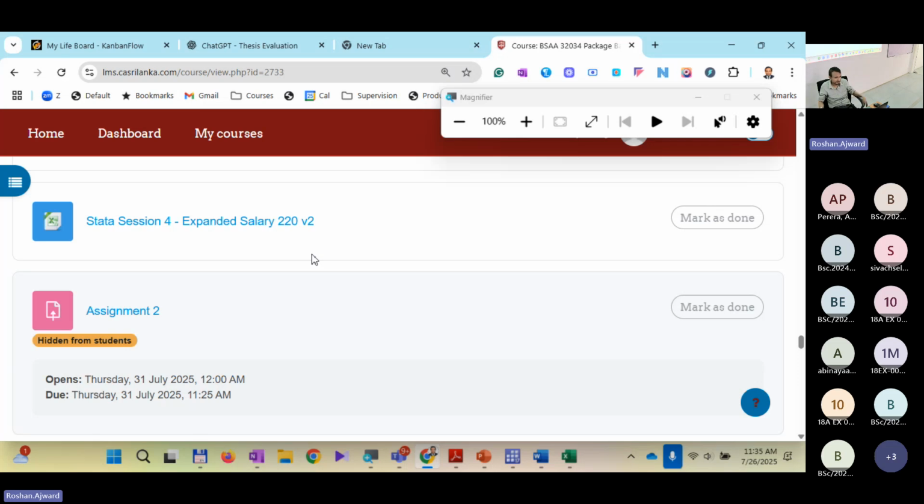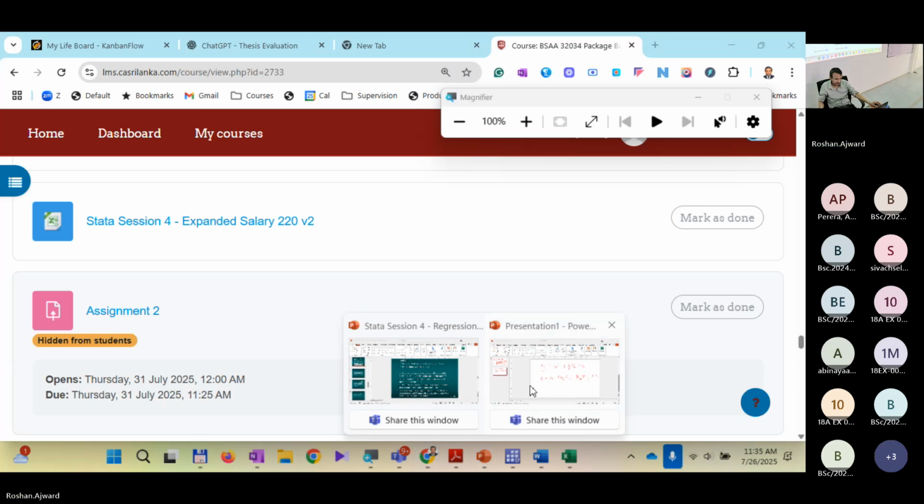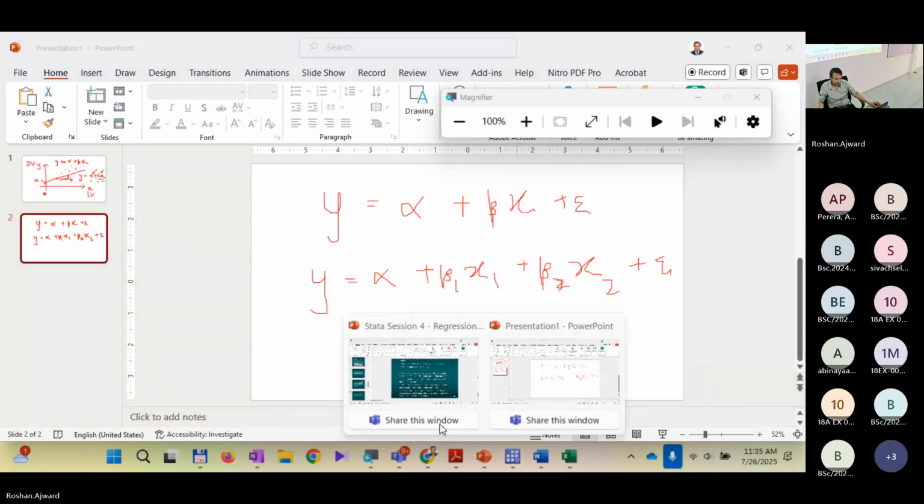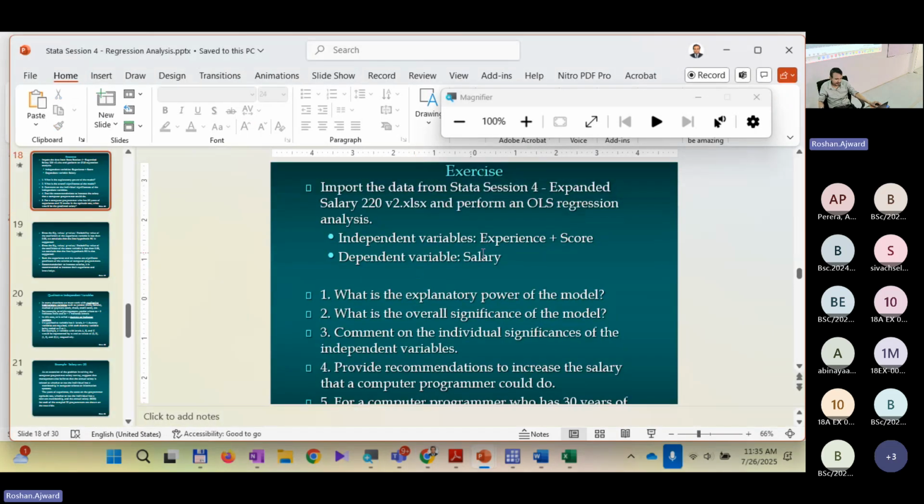What it says is, in this example the independent variables are again experience and score, and the dependent variable is salary. Can you get together and do a regression?